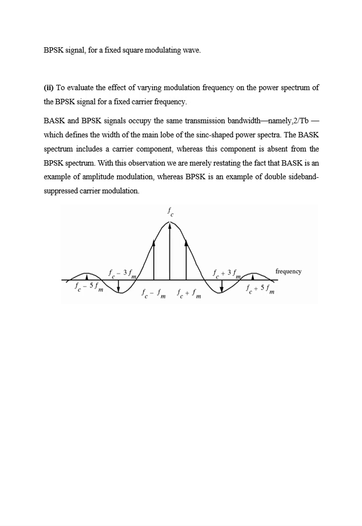This spectrum does not include a carrier component. With this observation we can say that the BPSK signal has a bandwidth of 2 by TB, and the spectrum is bell shaped, and the signal is periodically sampled. Thank you.